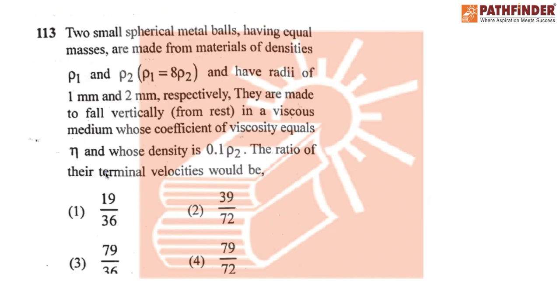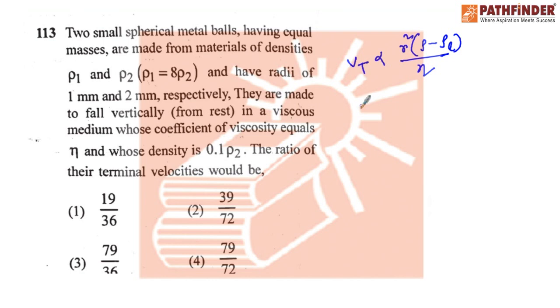Two small spherical metal balls having equal masses are made from materials of densities rho 1 and rho 2, and the relation of rho 1 and rho 2 is given, and the radius is given. They are made to fall vertically in a viscous medium whose coefficient of viscosity equals eta and its density is 0.1 rho 2. The ratio of their terminal velocities. Okay, so the terminal velocity Vt is proportional to r square times rho minus rho of the liquid divided by eta.